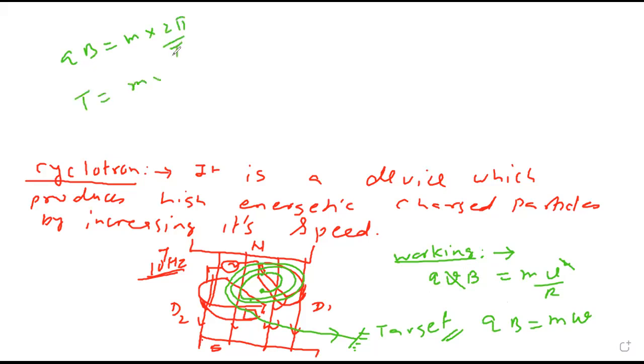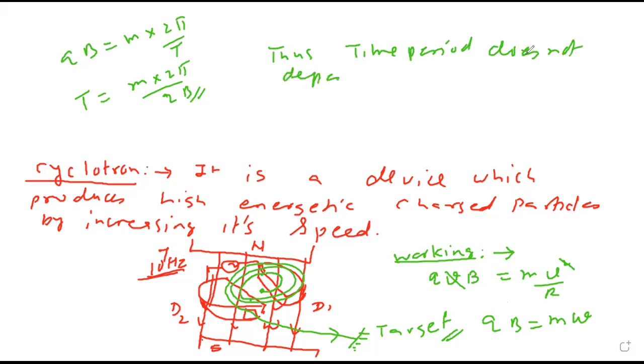Time period is m into 2 pi upon QB. So the time period does not depend upon velocity and radius. This is a favorite theoretical MCQ. It does not depend upon velocity and radius in a cyclotron. Right, further.